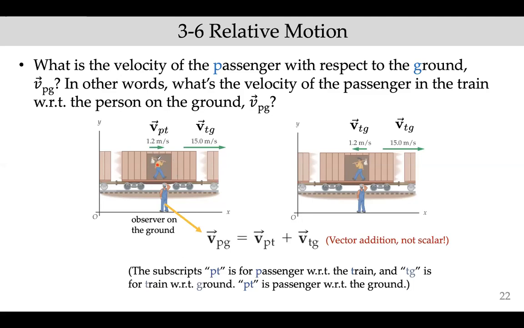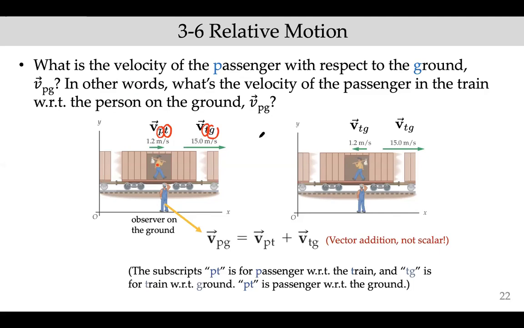If the passenger doesn't look outside, he says, I am walking with 1.2 meters per second, the passenger, with respect to the train. Now, what about the train speed with respect to the ground? T is for train, G is for ground. The train is moving with 15 meters per second with respect to the ground.